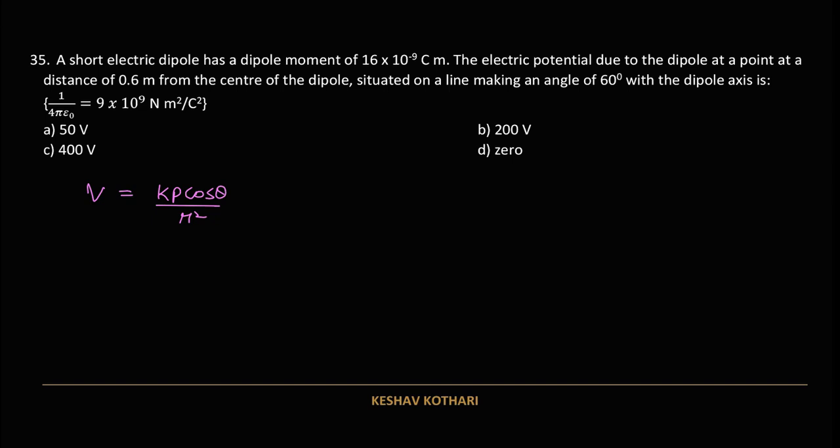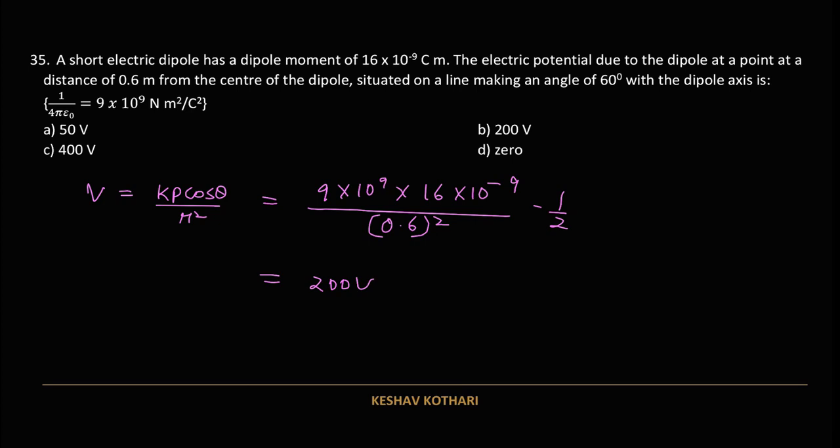So based on this, we write it as 9 into 10 to the power 9, that is equal to 16 into 10 to the power minus 9 upon r square, that is 0.6 square into cos theta, that is half. So from here we attain a value equal to 200 volt. So for this particular problem, option B is correct, that is 200 volt.